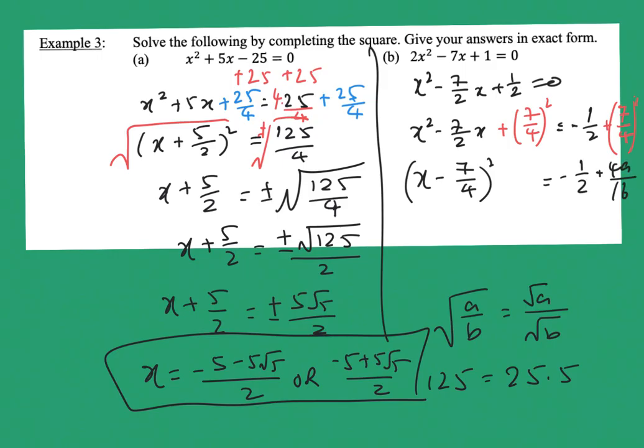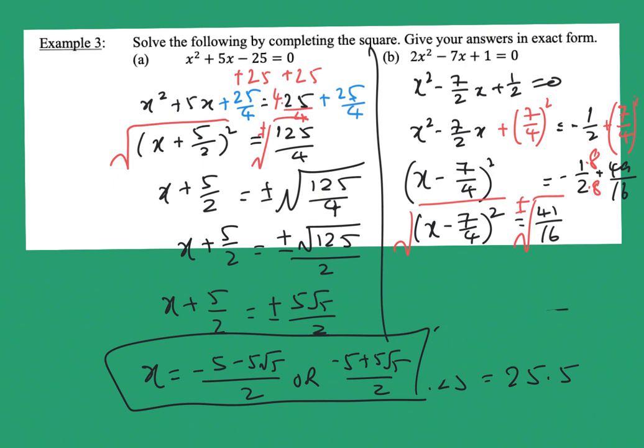And from here, when I simplify the right hand side, I'll need to multiply it by 8 over 8. And 49 minus 8, you get 41 over 16. And I will now extract the roots from both sides. Don't forget your positive and negative sign.